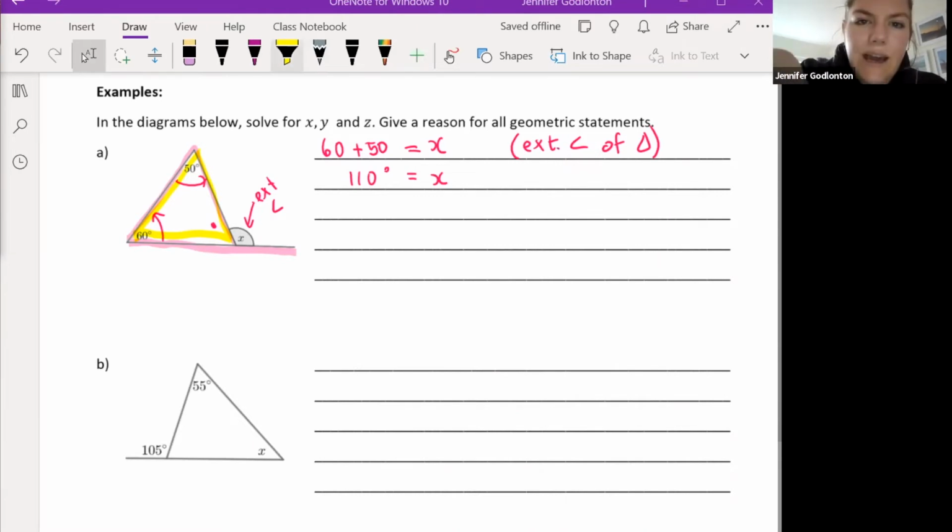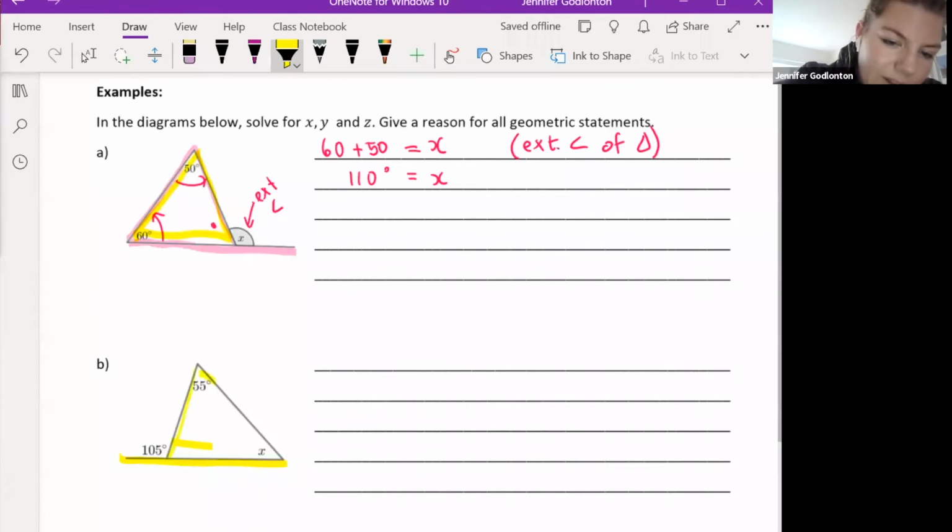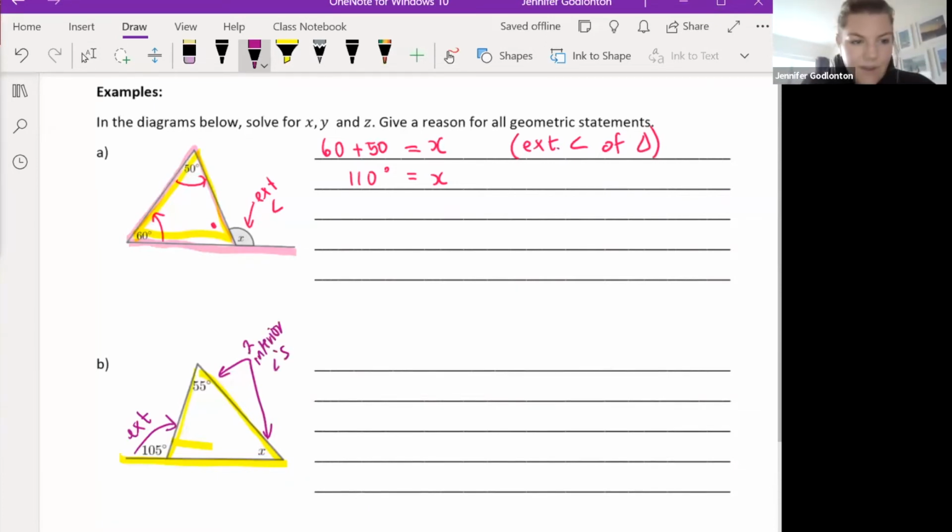Okay, so let's have a look here. What we've got is an exterior angle and this triangle over here. This over here would be my exterior angle, and these two would be my two interior angles.